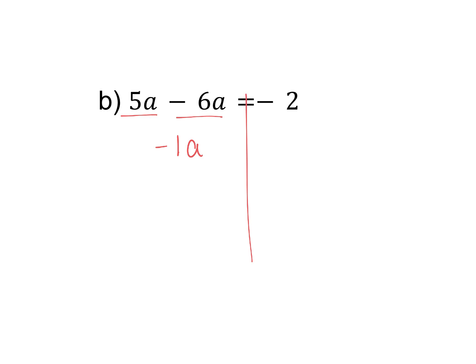I'll leave it as negative 1a equals negative 2. All right, now how do I get that negative 1 off the a? Well, I'm going to divide it off. So divide by negative 1, divide by negative 1. Those cancel, and you have a equals negative 2 divided by negative 1 is 2.